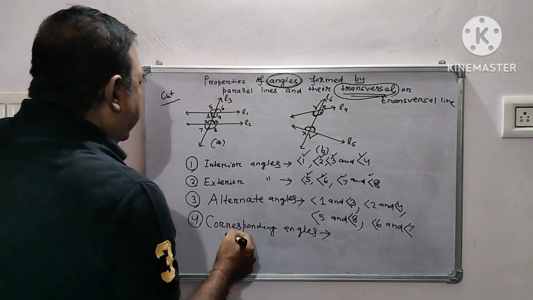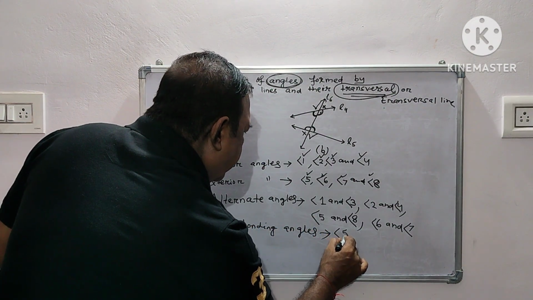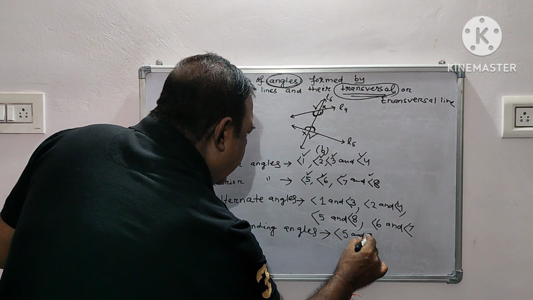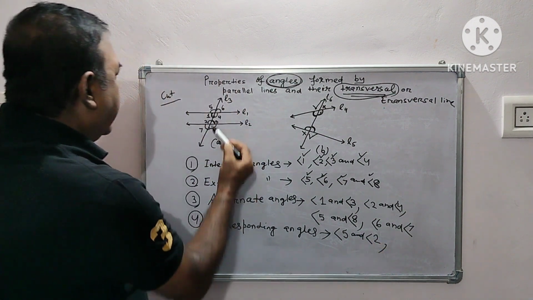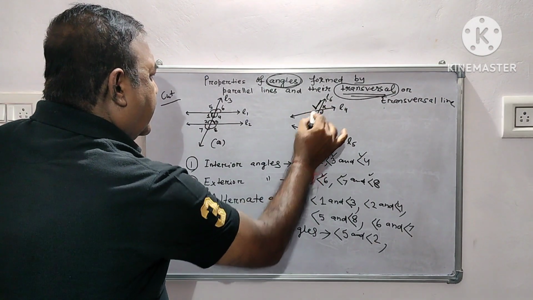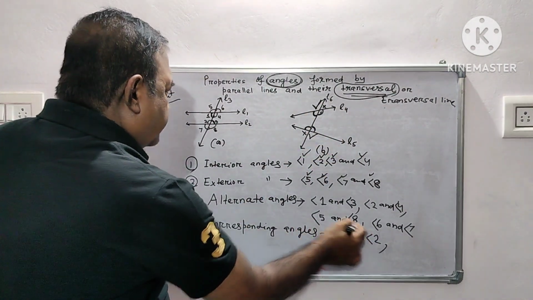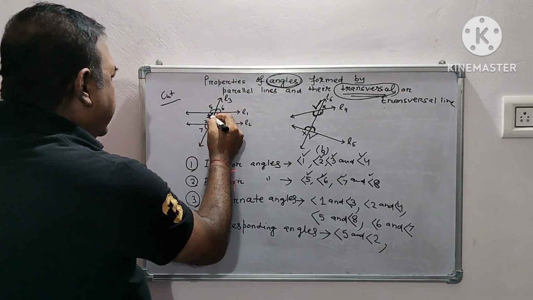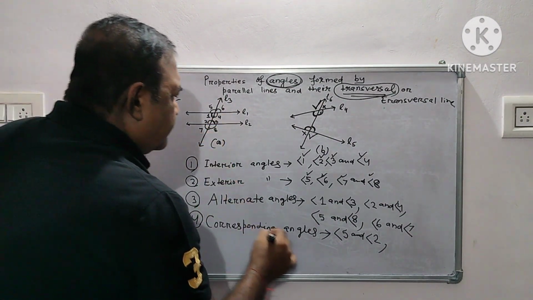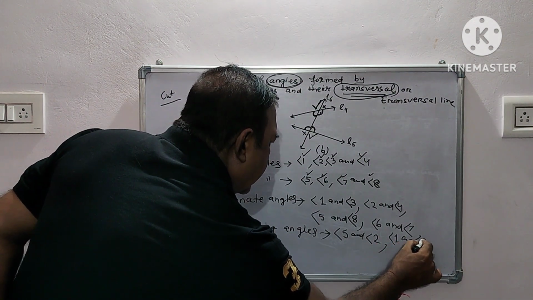These are also in pairs. That means this angle and this angle. These are one pair of corresponding angles. Then angle 1 and angle 7.